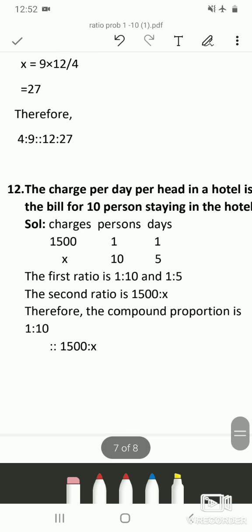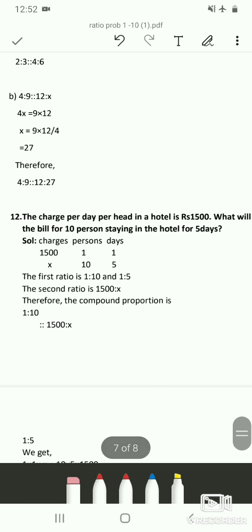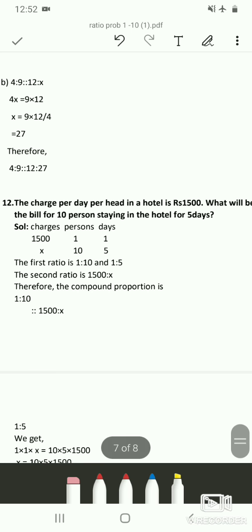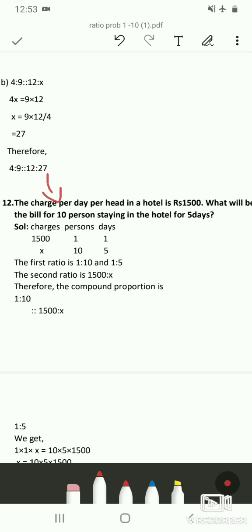So, let us see the 12th question. The charge per day per head in a hotel is rupees 1500. What will be the bill for 10 persons staying in a hotel for 5 days? Here they have given 3 quantities, that is the charges, the number of persons, and the number of days.